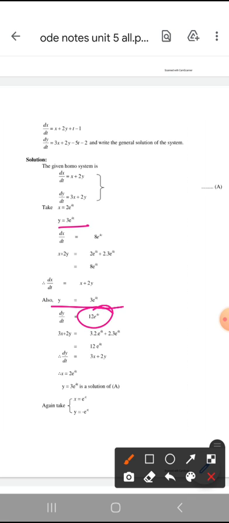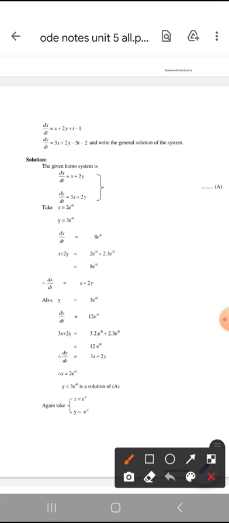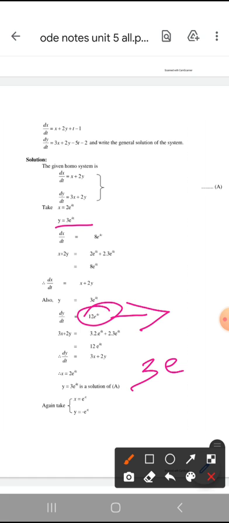Now we know the value of dy/dt, and we substitute that. Now our y value is 3e^(4t).